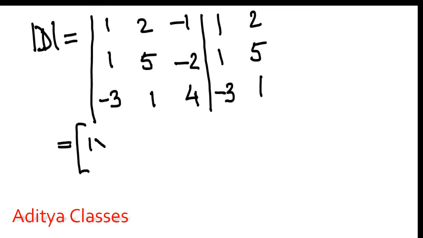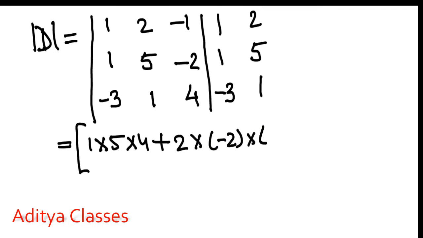Then there is a plus sign and we start with the next diagonal. 2 multiplied by minus 2 multiplied by minus 3. Then we put a sign and we start with the last diagonal, which is minus 1, 1 and 1. So we get a minus 1 multiplied by 1 multiplied by 1.